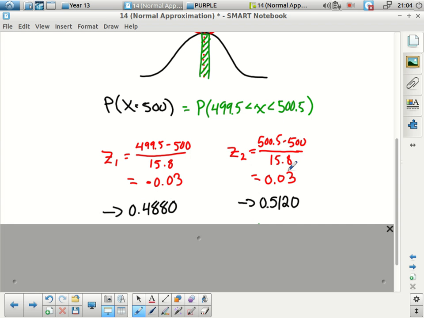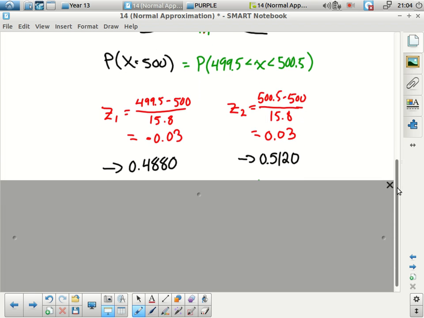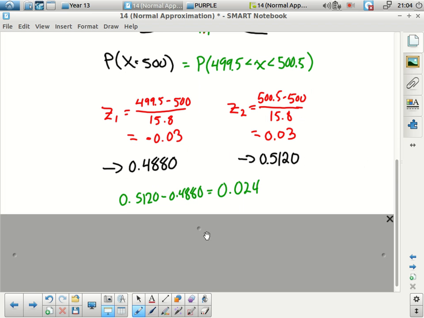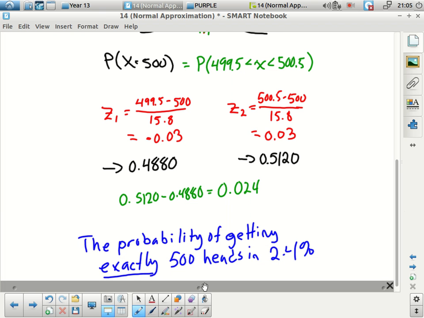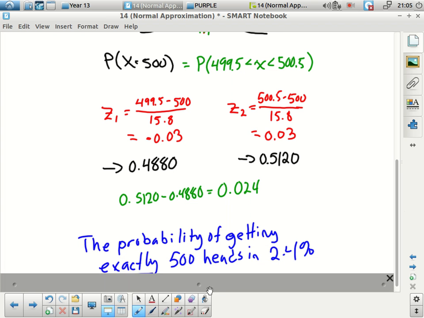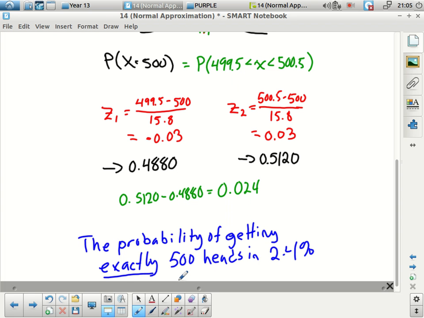Similarly, on the other side, it's balanced, so I have positive 0.03, which corresponds to 0.5120. As we saw yesterday, the difference between those will be the percentage I'm looking for. That works out to about 2.4%. So the probability of getting exactly 500 heads is about 2.4%.